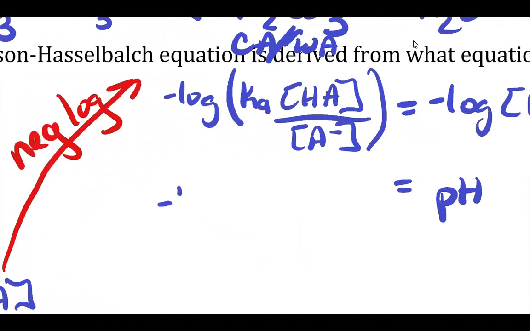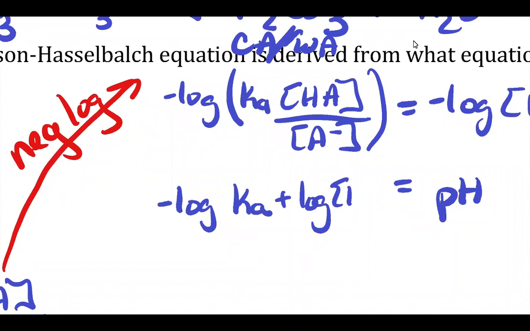So you get the negative log of Ka, and then plus the log of HA to the minus 1 over A minus to the minus 1. You can make it a positive log if it's raised to the negative 1, so all we have to do is invert HA and A minus.